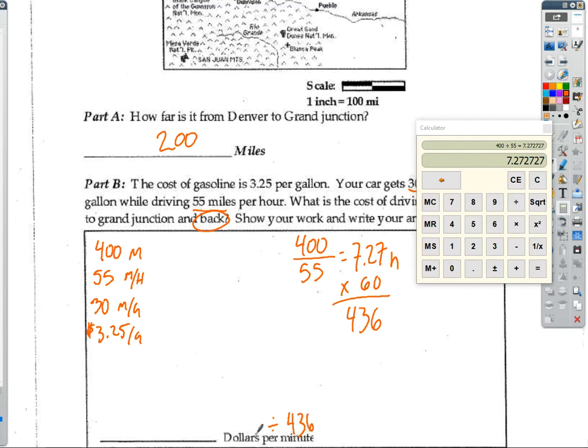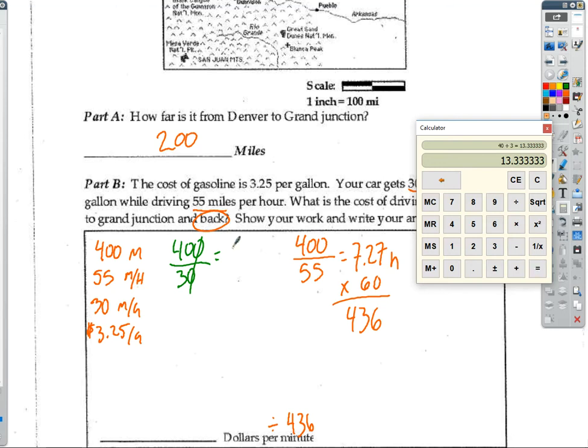So now I need to find my dollars. Let's use green for dollars, shall we? So if I'm going 400 miles, and I need to know how much it costs, I really need to know how many gallons of gas it's going to take. So I can go 30 miles for 1 gallon. So that means I'm going to take 13 1/3. Just a little spoiler alert there.